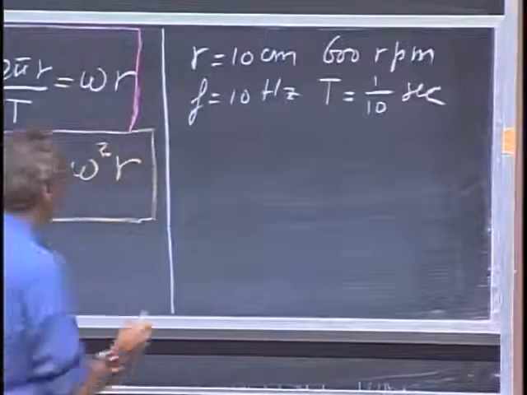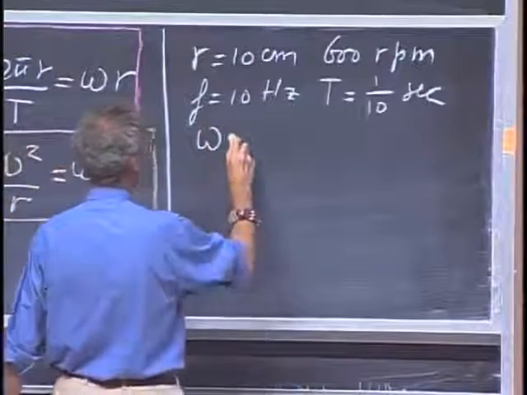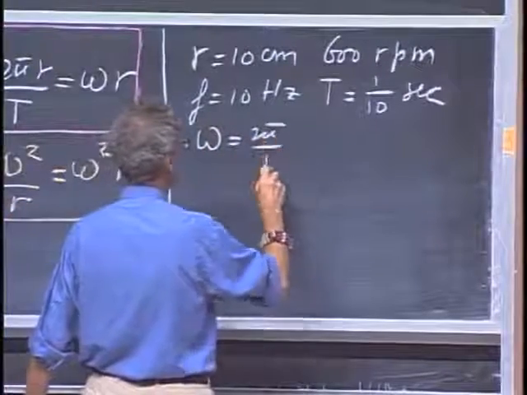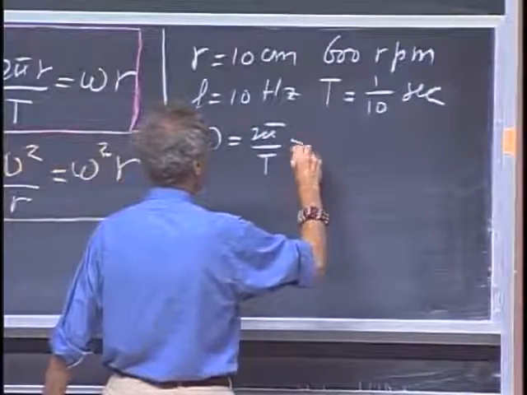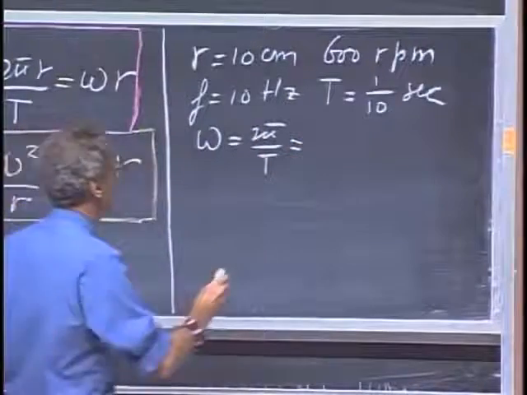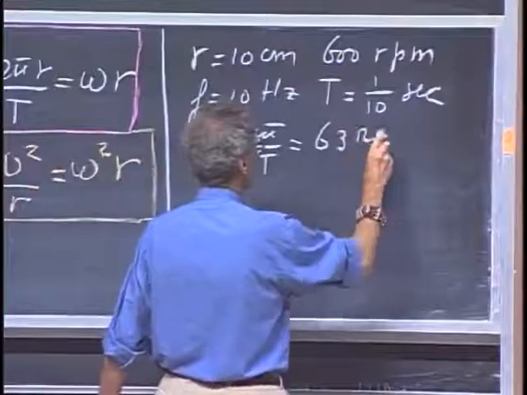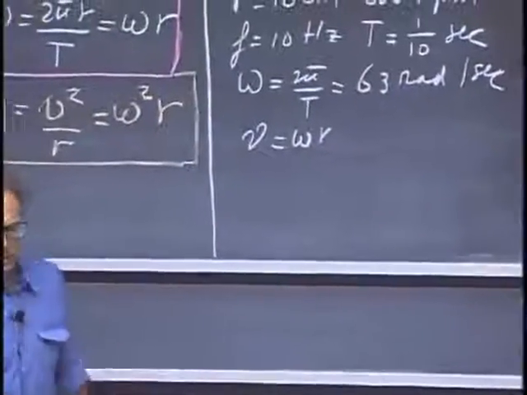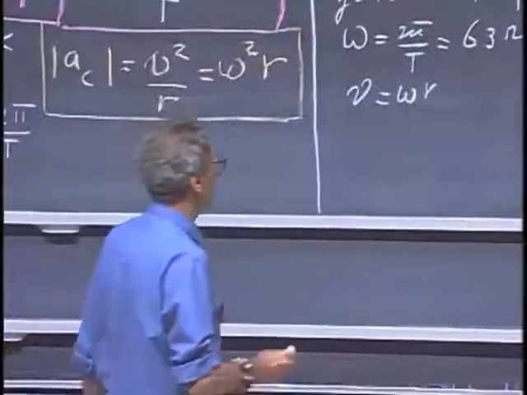So omega, angular velocity, which is 2 pi divided by T, is then approximately 63 radians per second, and the speed v equals omega r is then roughly 6.3 meters per second.